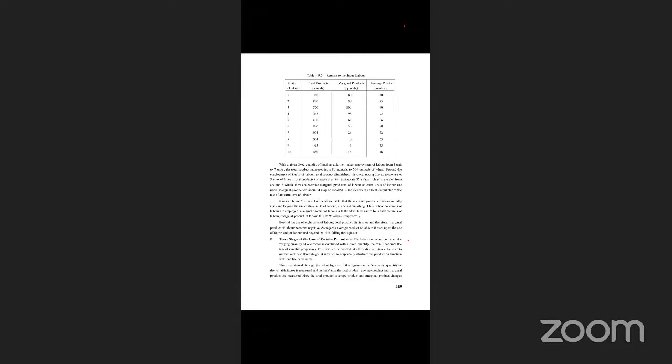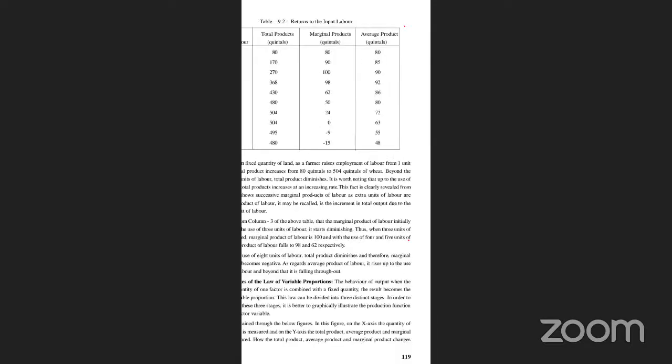These two figures along with this table should be presented while you are writing the law of variable proportion in the examinations: these two figures with the law of variable proportion, this table 9.2 along with 9.3.